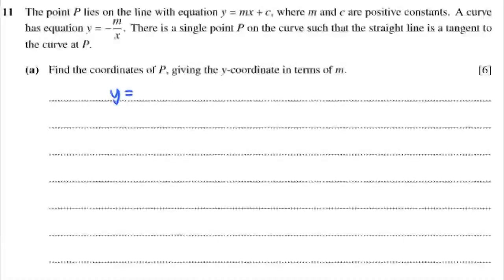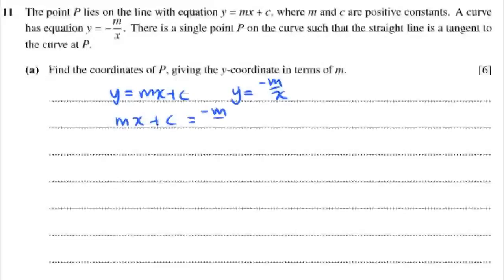Let's try it out. y equals mx plus c and the curve y equals negative m over x. It seems quite obvious. We can just equate the two together. So we'll get mx plus c is negative m over x.